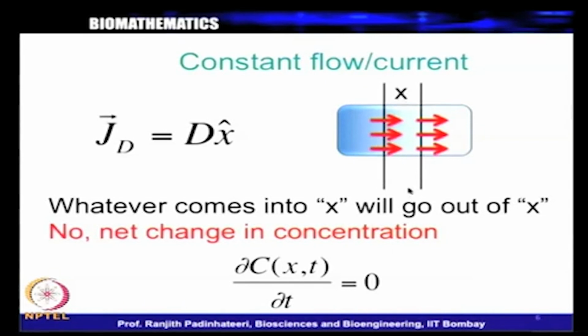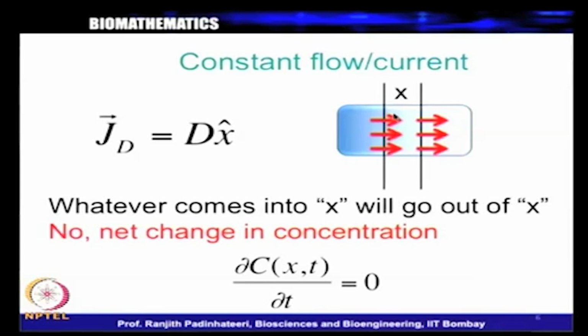If you look at the concentration in the area between these two lines, if something comes in and the same amount goes out, the concentration here will remain a constant. The concentration here will not change. If the concentration was 3 micromolar to begin with, and something comes in and the same amount is taken out, the concentration here will remain 3 micromolar.